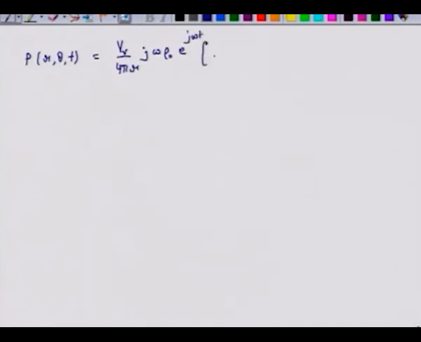In the parenthesis what I get is exponent j times omega times 1.5 d sin theta over c plus e^(j omega d sin theta over 2c) plus e^(minus j omega over 2c d sin theta) plus e^(minus j omega times 1.5 d sin theta over c).